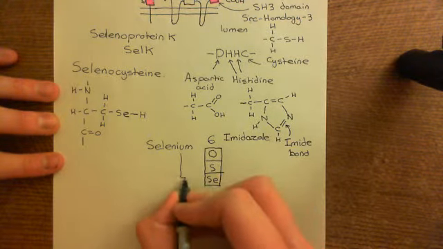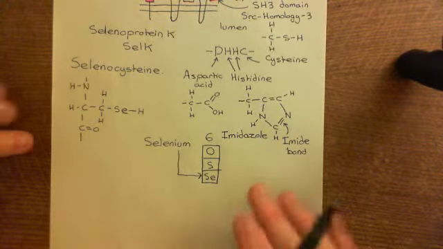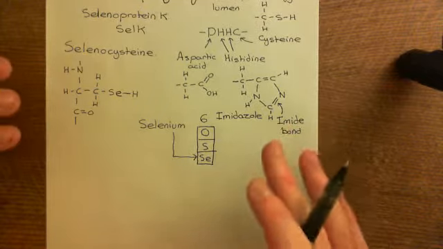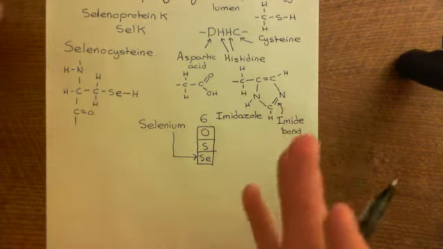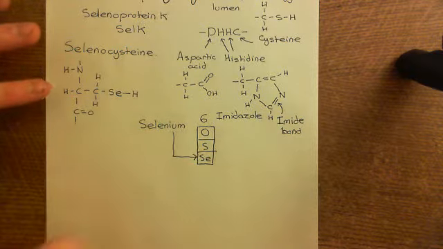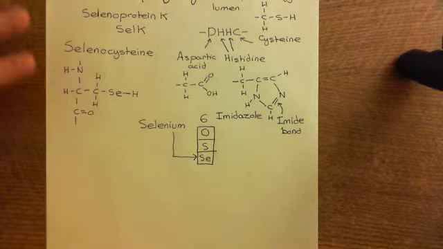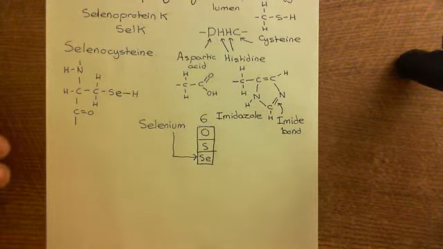So here is selenium. And basically, just like sulfur had similar chemical properties to oxygen, selenium has similar chemical properties to both of them. So this selenium bound to a hydrogen is similar to a thiol group, which is similar to an alcohol group. So again, it's a similar amino acid, basically.